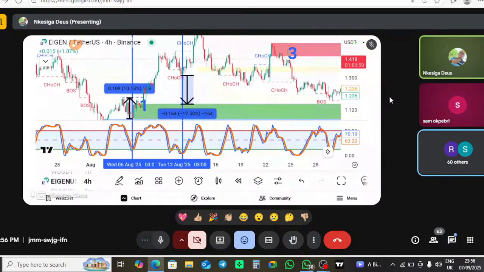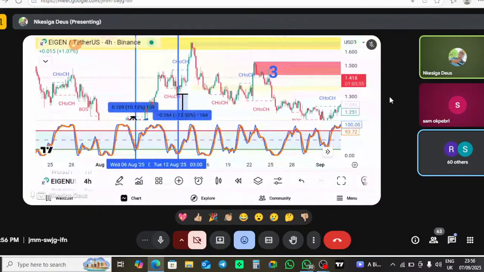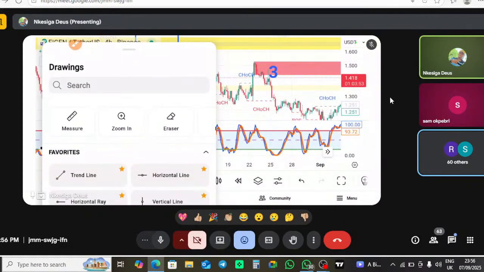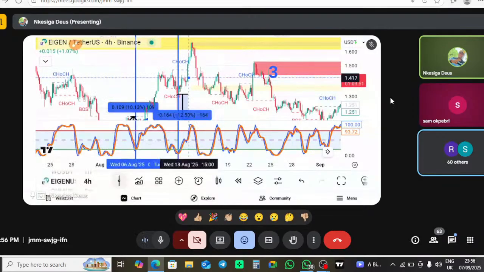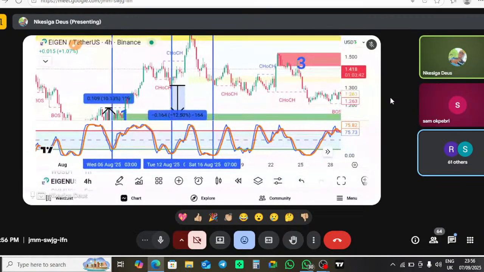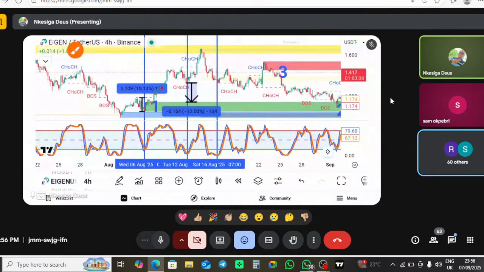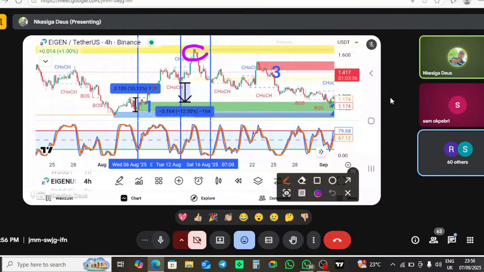Okay, let us go. I draw another one here, where the market is in oversold again. Now, when you look at this point here, I want us to use the little knowledge we have. The market has tested the yellow line.